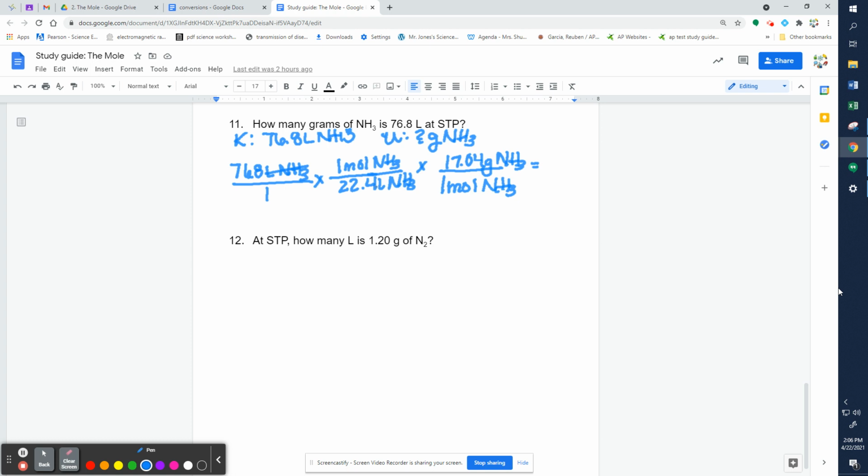Looking at my units, if it's on top and bottom, it's going to cancel out. And then we just need to do the math in our calculator. Once we put it in, we have 58.42 grams of NH3.